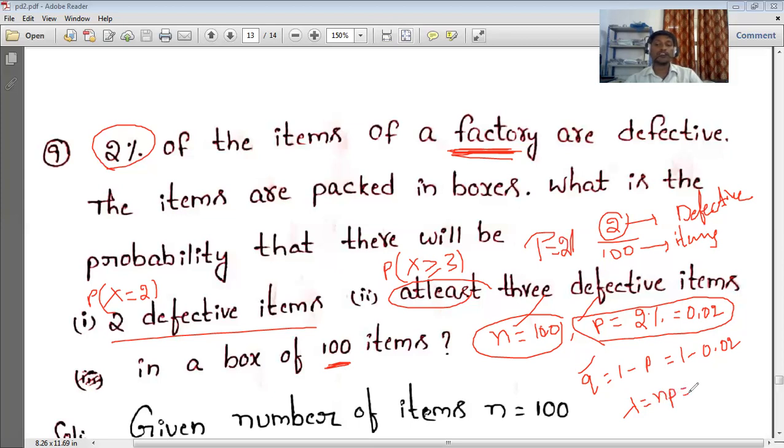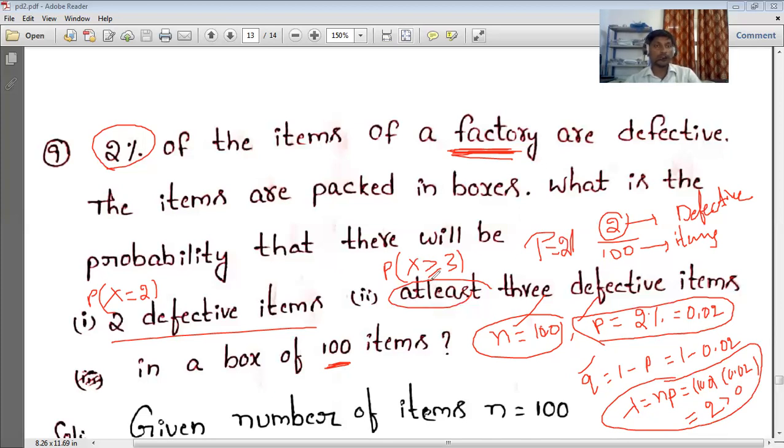So lambda is equal to n, which is 100, into p, which is 0.02. So lambda is equal to 2, which is greater than 0. For applying Poisson distribution, only this we have to do. For applying binomial distribution, by taking these values, simply we can calculate. So in two ways we can solve this problem, either binomial or Poisson.